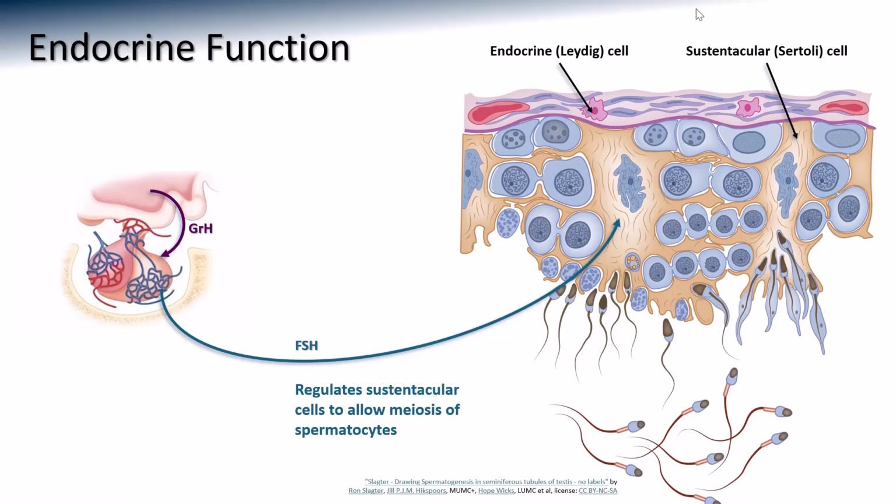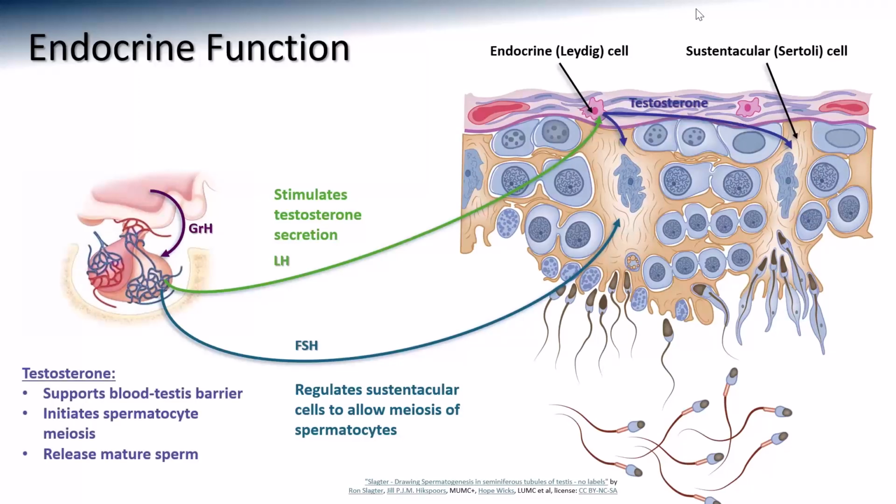All right, let's start adding this onto our map. So we have our anterior pituitary now secreting luteinizing hormone as well as follicle stimulating hormone. That luteinizing hormone talks to the endocrine cells, and it tells them to secrete testosterone. Testosterone is going to talk to the sustentacular cells.